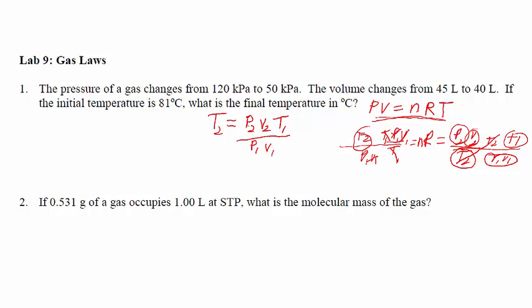And notice pressure cancels with pressure, volume cancels with volume in terms of units, and you get temperature as a result. Let's go ahead and identify what these are and then plug them in.